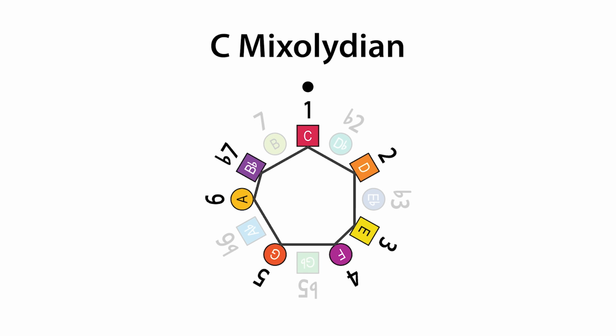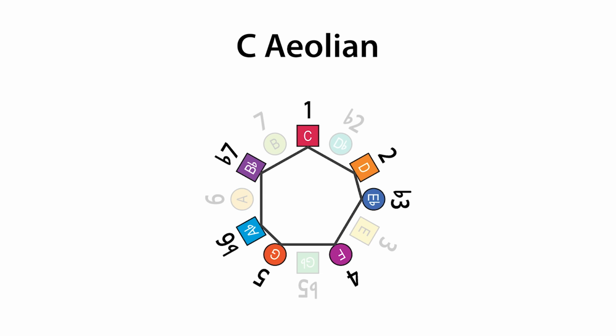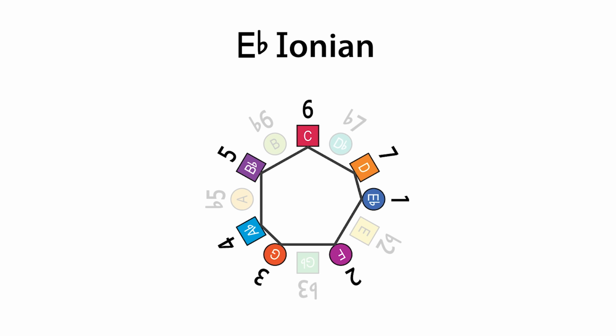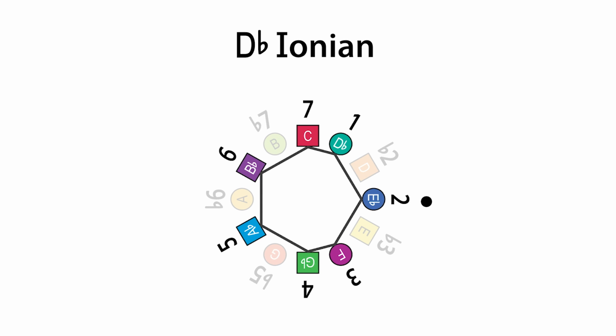C Mixolydian is derived from F major. C Aeolian is from E flat major. And C Locrian is the 7th mode of D flat major.